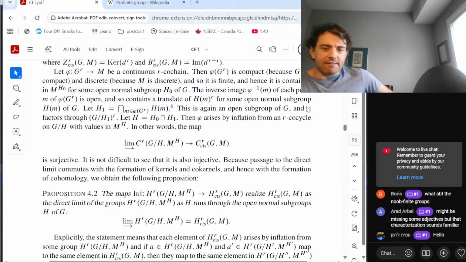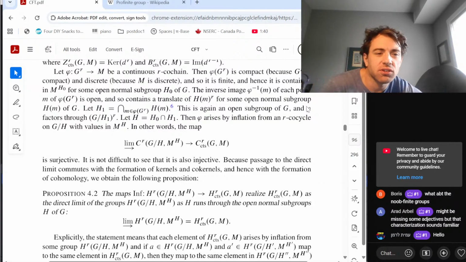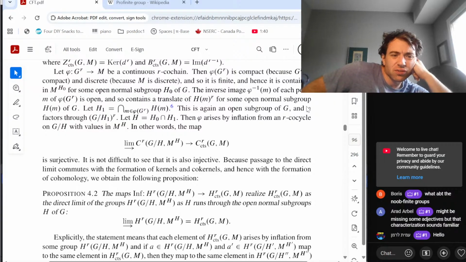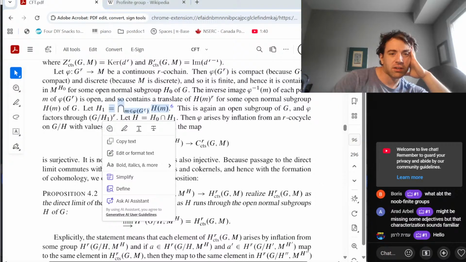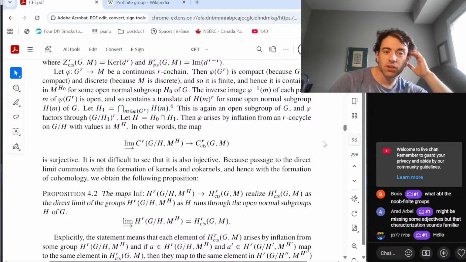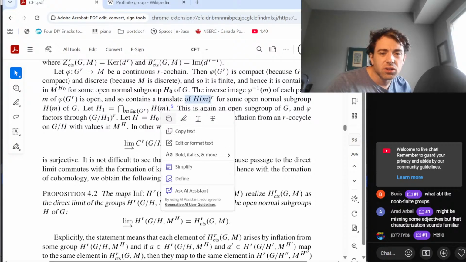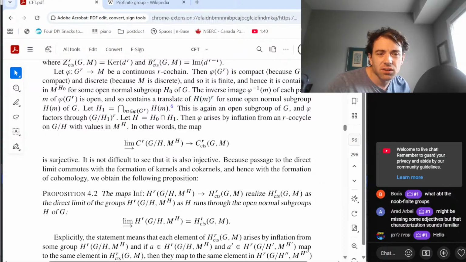What is H_M supposed to be? Is it the group translated by M on the right? I guess so, because based off of this being an intersection, this must be a set. I'm guessing it's the set where we've translated by M on the right, and then this is R copies. But then why are we saying a translate of this thing? Gosh, that's confusing.